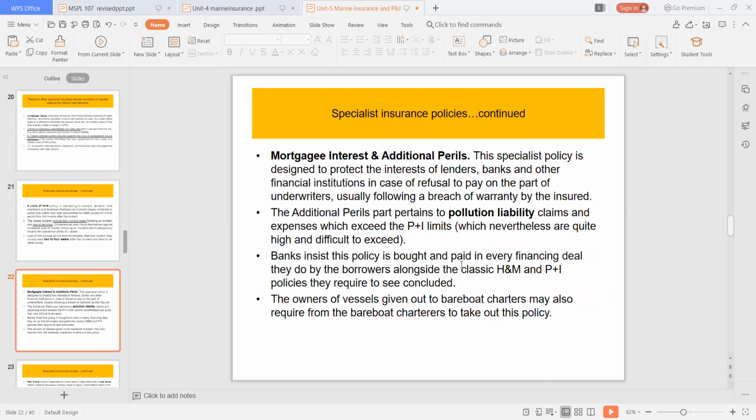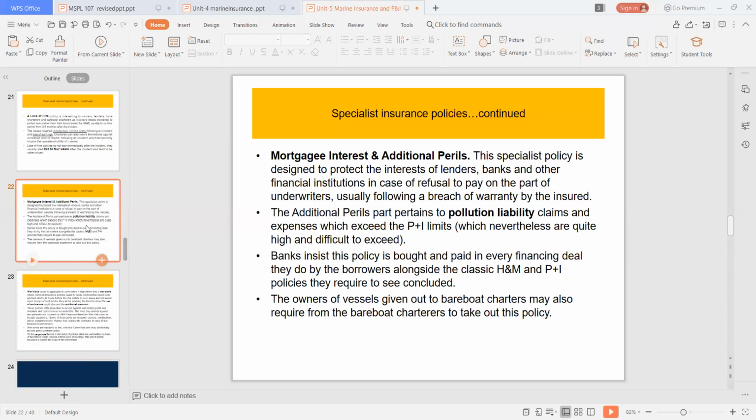Banks insist this policy is bought and paid for in every financing deal, by the borrowers, alongside the classic H&M and P&I policies they are required to have. The owners of vessels given out to bareboat charterers may also require the bareboat charterers to take out this policy. So this is also very important to safeguard, for protection purposes. So mortgage interest and additional perils should also be covered. Normally it is mortgage and additional perils in marine insurance.